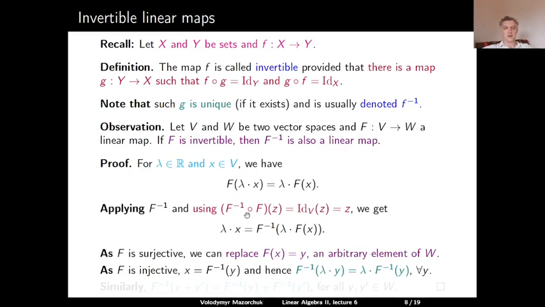And so we can now read this last equality as F inverse applied to lambda dot y, the right-hand side, is equal to lambda dot F inverse of y. And this is exactly one of the axioms which guarantees that F inverse is a linear map. The other properties necessary to ensure that F inverse is a linear map are checked similarly.